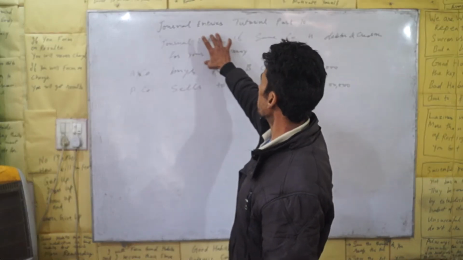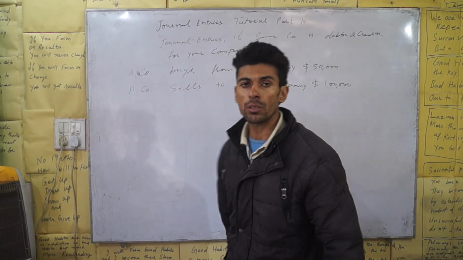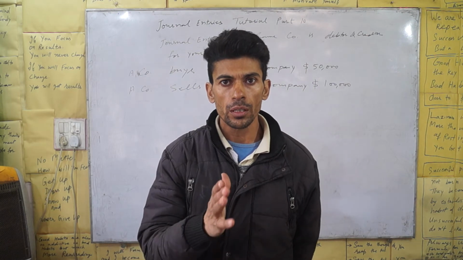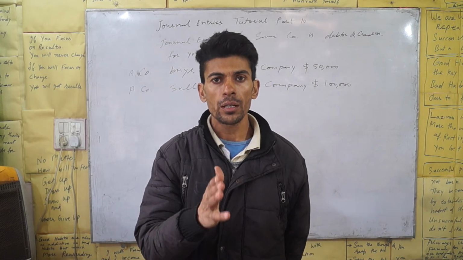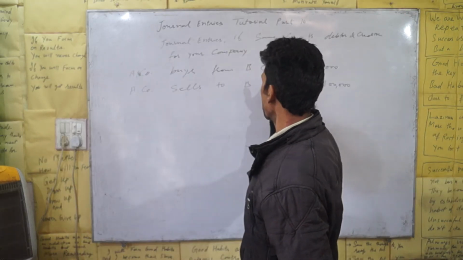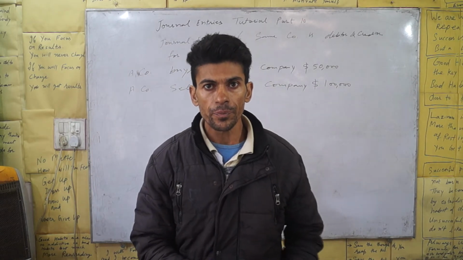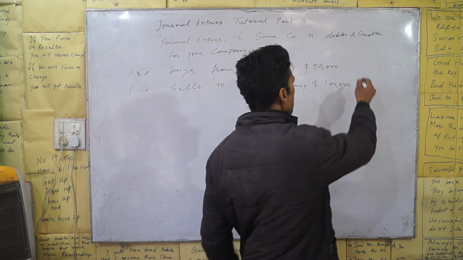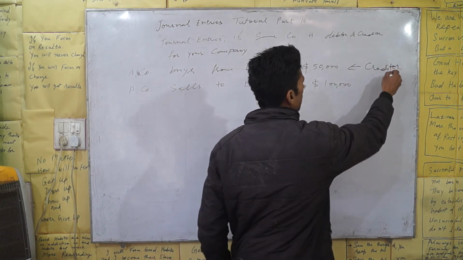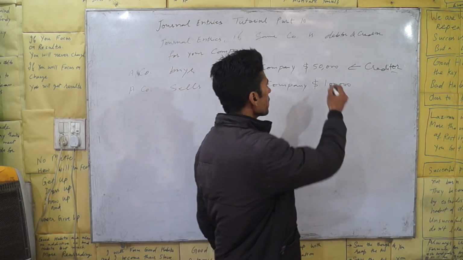This is a journal entry. What is a journal entry? If the same company is a debtor and creditor for your company, suppose you are company A and you buy from B company, this is your creditor. You buy 50,000 goods from B on credit.